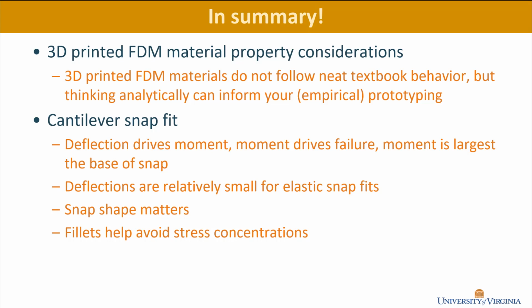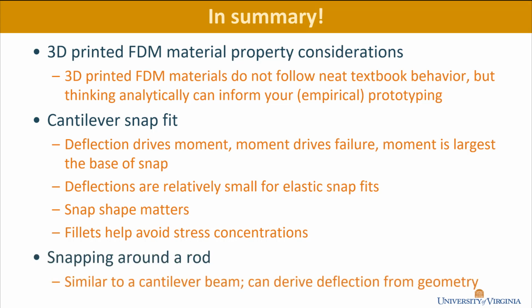This isn't something where you're bending at 90 degrees. It's really small, just a few degrees that you want to have that cantilever snap fit bend such that it doesn't break off. The snap shape matters, certainly for usability, and then fillets in all sorts of places on cantilever snap fits, just one of them, can help avoid stress concentrations.